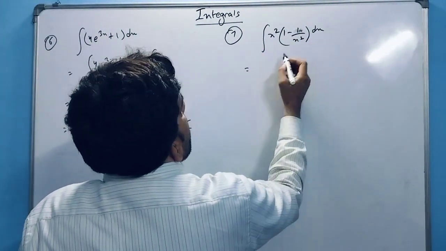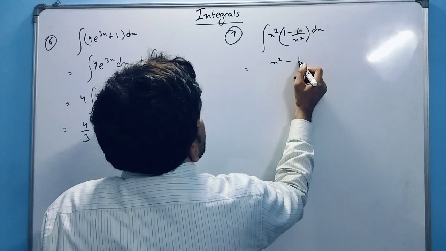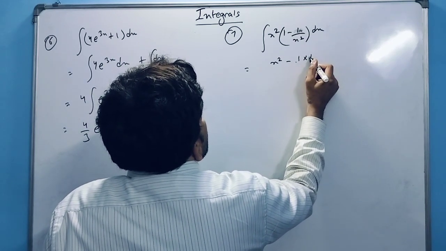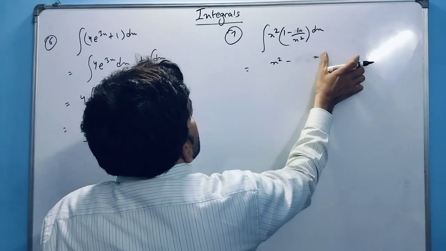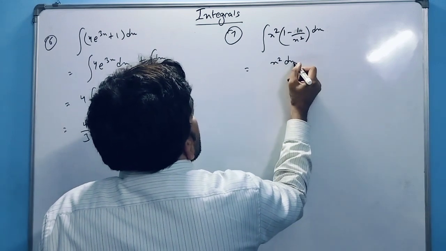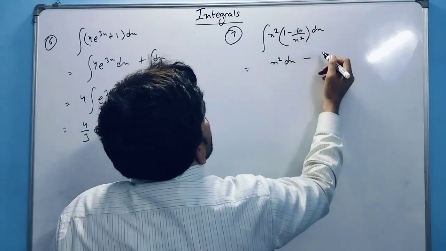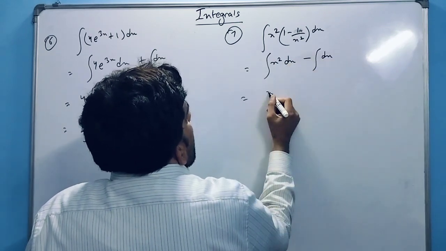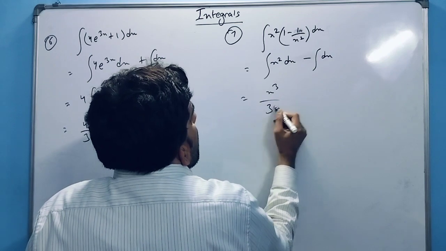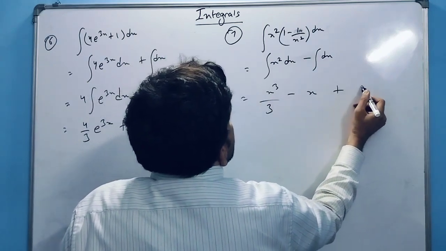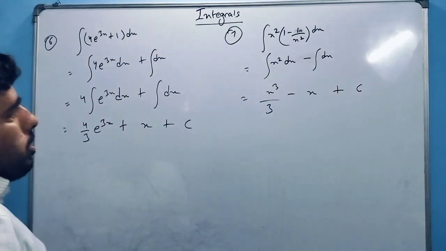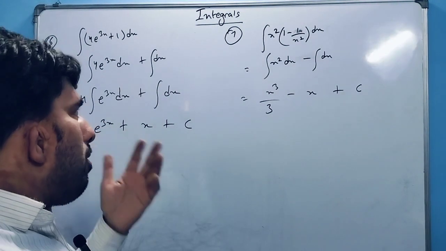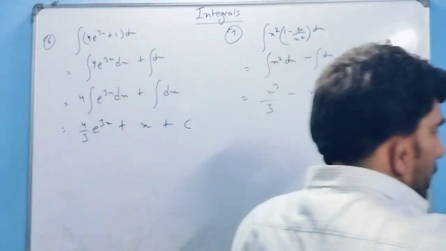So first we need to multiply here, open the bracket. So I got x square dx minus, here if I multiply, dx. Okay. So now very easily I can solve such a numerical. This is what they have given, and we can solve such kind of numericals here.